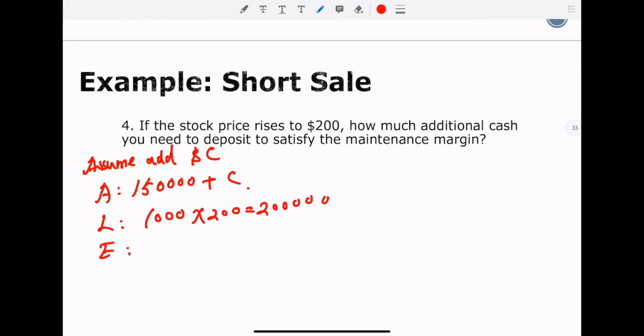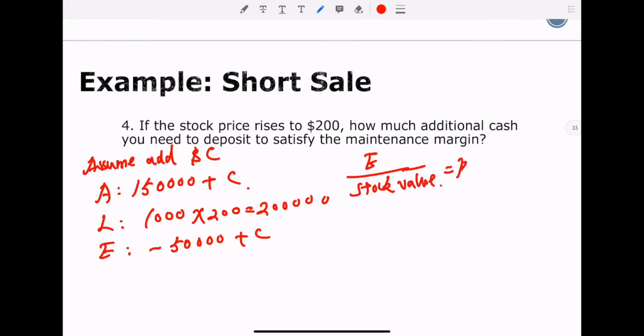And what is your equity? Well, asset minus liability. So it's minus $50,000 plus C. Now you need your percentage margin to satisfy the 30% maintenance margin. So your percentage margin equals equity divided by stock value, right?